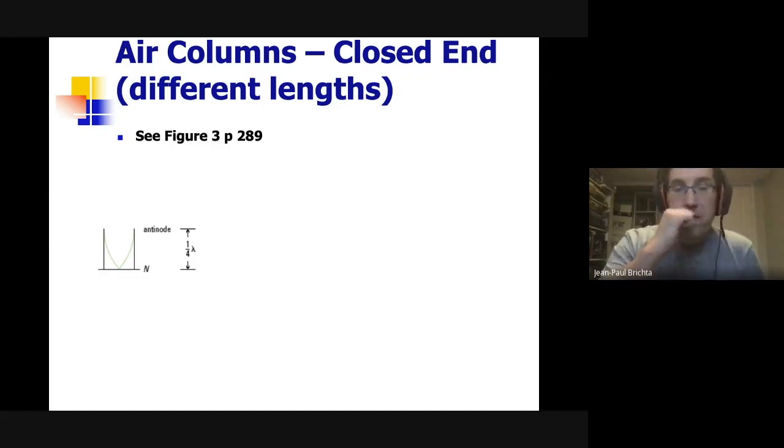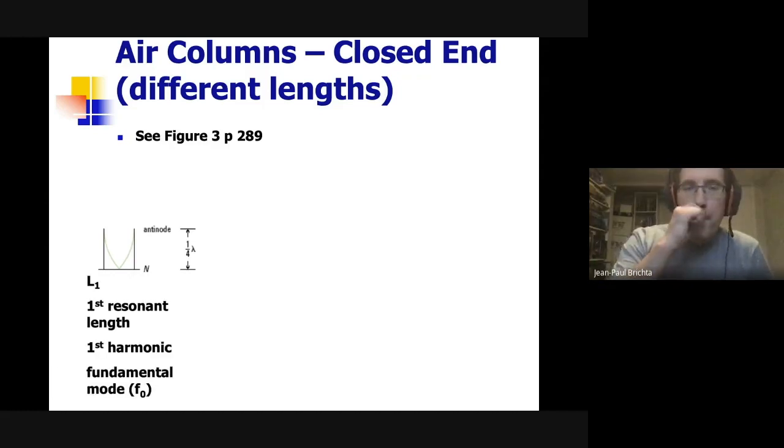So a little bit more vocabulary. Where the wave hits the closed end of the column is called a node, N-O-D-E, node. And the open end is called an antinode. So this part here is called the antinode. Again, that's just a little bit of terminology: at the closed end is a node, at the open end is an antinode.